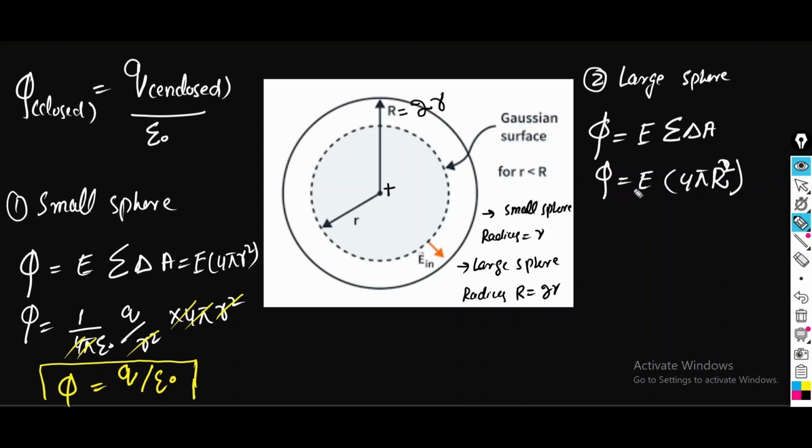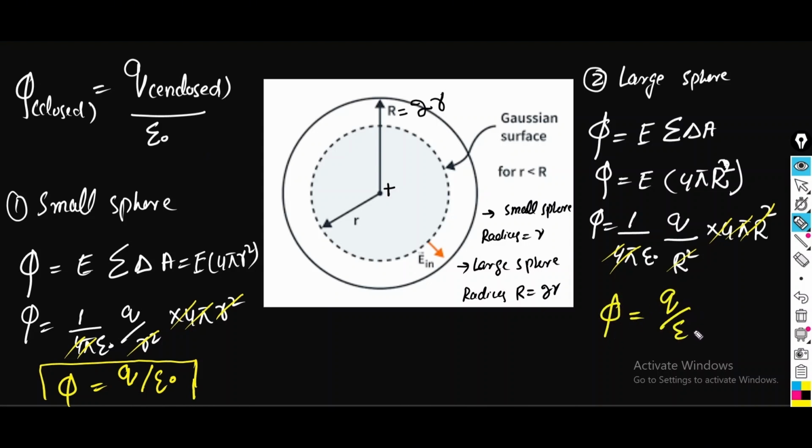Now the expression for the electric field is 1 over 4 pi epsilon naught q by capital R square, and then we multiply that with 4 pi capital R square. Now we cancel R square with R square, pi with pi, and 4 with 4, and the result becomes phi is equal to q by epsilon naught.